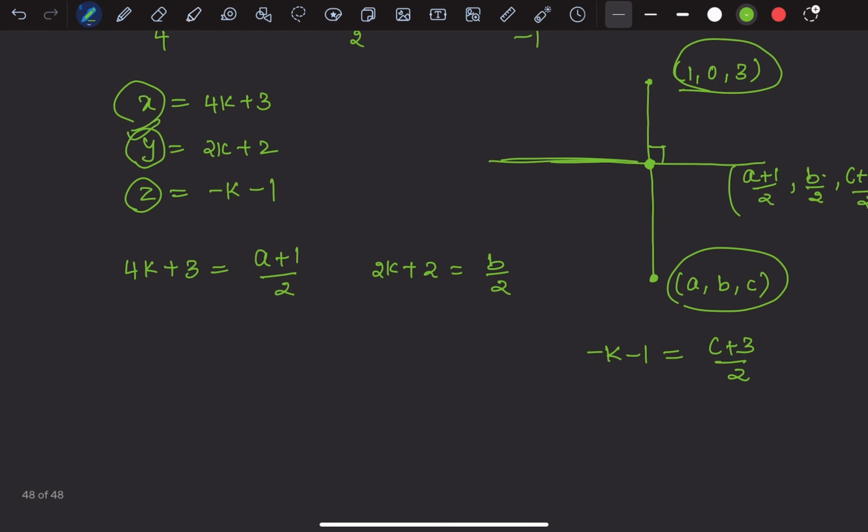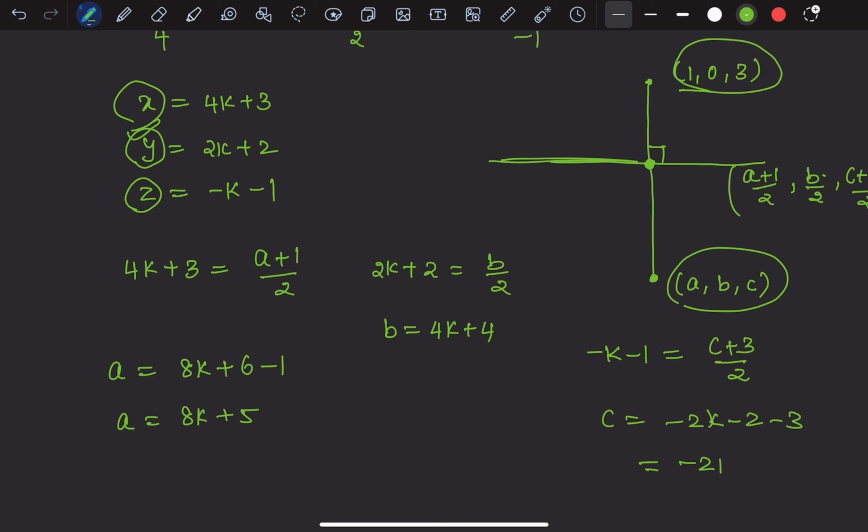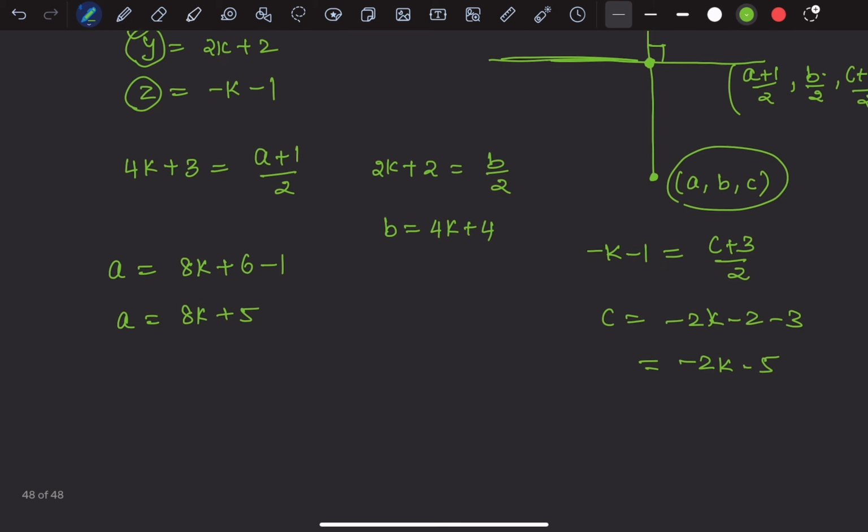From this we get a is equals to 8k plus 6 minus 1. So a is equal to 8k plus 5, b is equal to 4k plus 4, c is equals to minus 2k minus 2 minus 3. So minus 2k minus 5. So we got a, b and c.